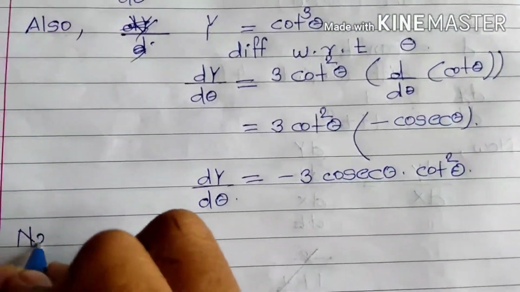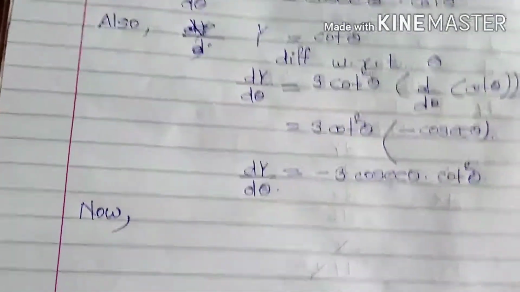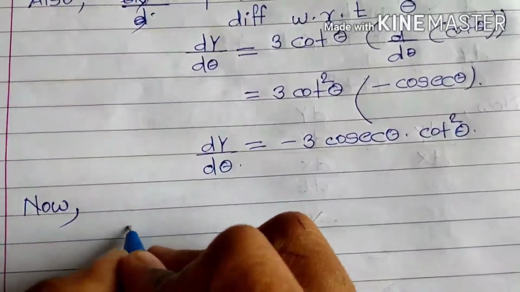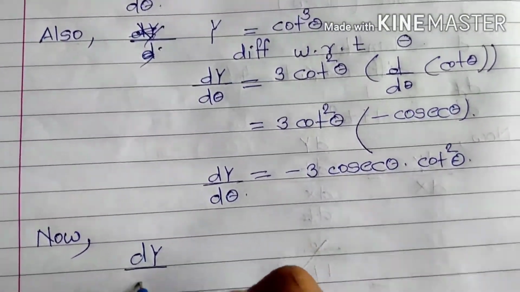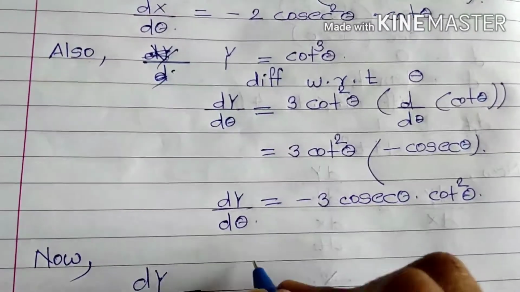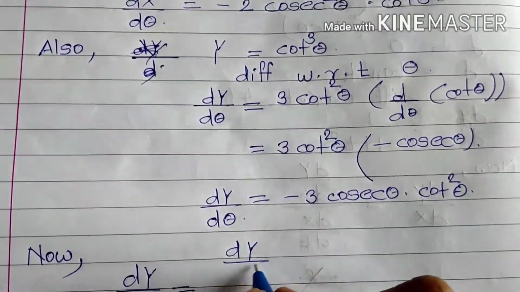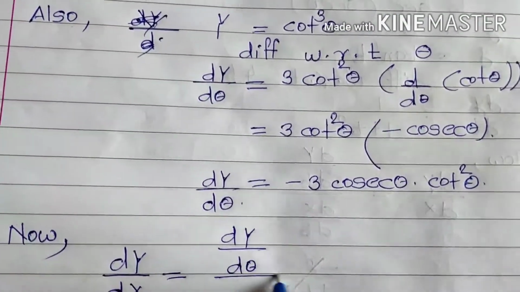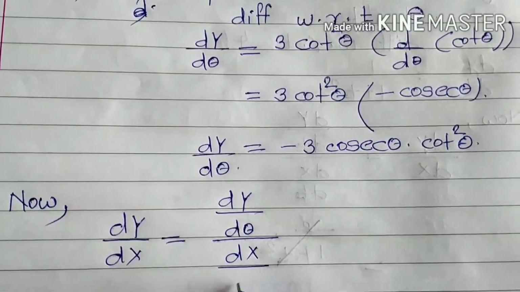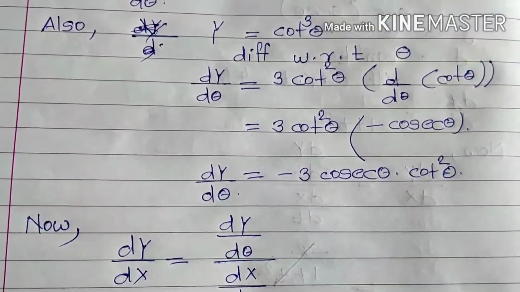Now use our formula, which is dy upon dx is equal to dy upon d theta upon dx upon d theta.